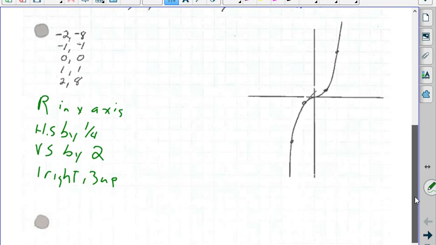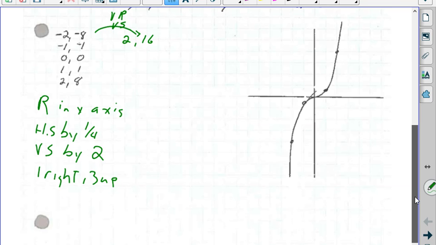So all I'm going to do with this is I'm going to take these points and apply the transformation. Now I'm going to combine them a little bit. I'm going to talk about the vertical reflection and the vertical stretch at the same time. So we're going to have 2, positive 16.